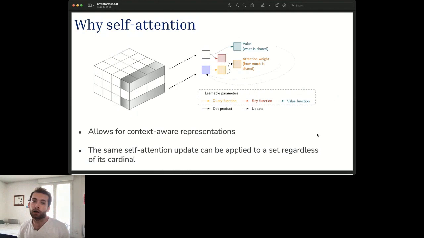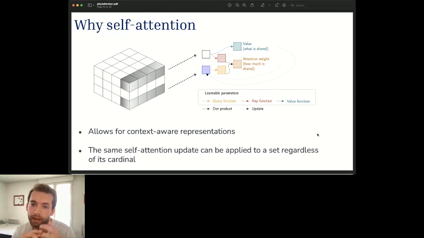So why self-attention? In a nutshell, self-attention is a mechanism that allows us to update the vector representations of a set of objects, allowing them in a certain sense to share information among them, and thus resulting in new context-aware representations.